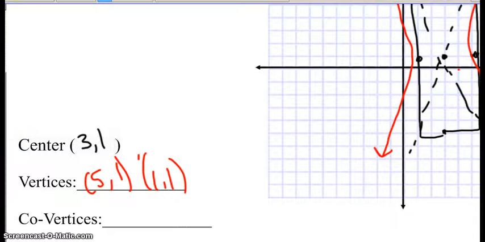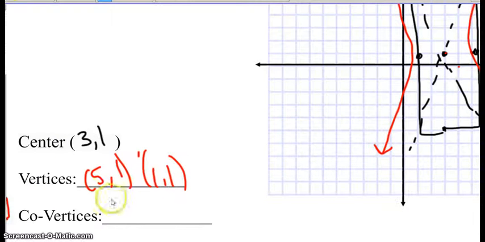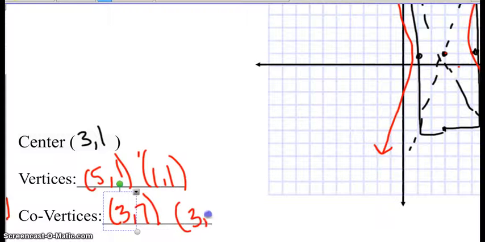And my co-vertices are the points I use, but not that important. So 3, 1, 2, 3, 4, 5, 6, 7, so 3, 7. And 3, 1, 2, 3, 4, 5, 6, so 3, -6. Okay? So please try the next one.